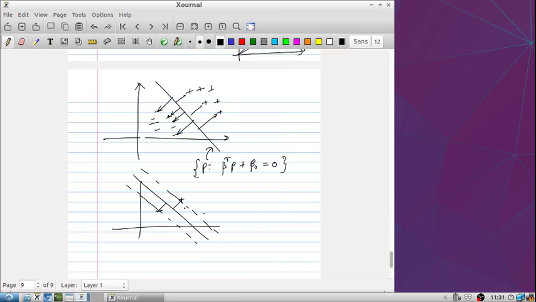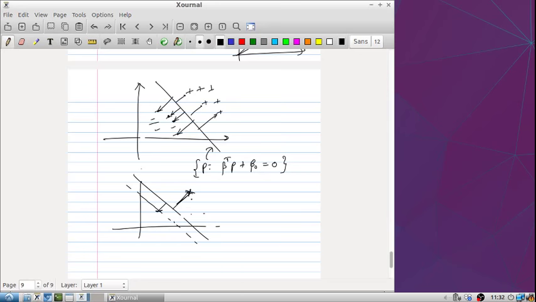In this picture actually both seem very close to each other. Let's say it's positive here. Yeah, this is the distance. They need not be equidistant from the hyperplane.